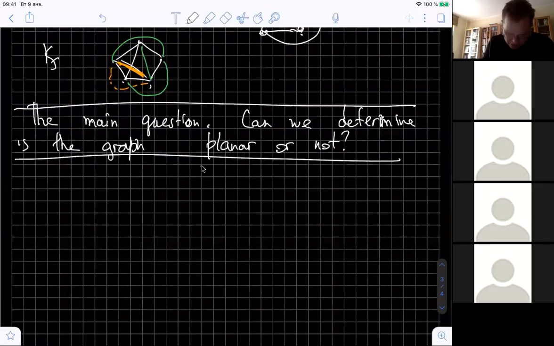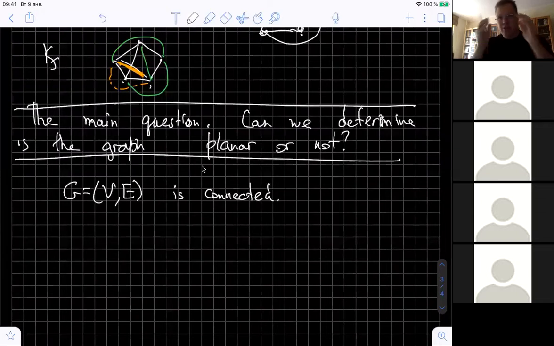First I assume that the graph G is connected. Because otherwise I can divide my G into connected parts and look at each of these parts, because if each of these parts is embedded on the plane, I can just embed the whole graph into the plane.